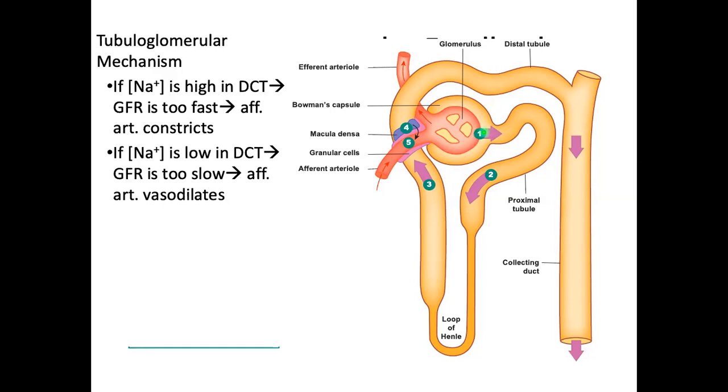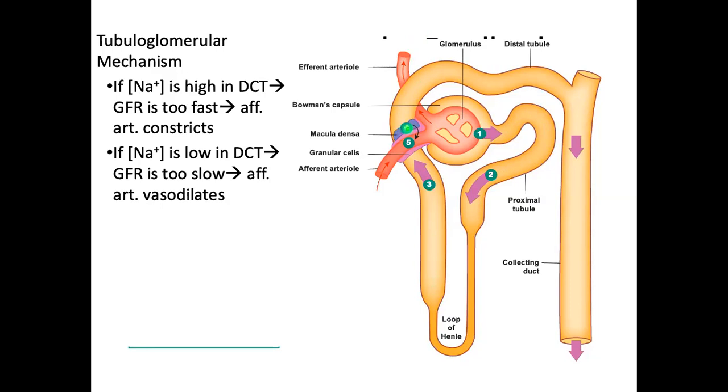That's number one. And so that urine filtrate, or pre-urine, is going to flow through the proximal convoluted tubule, number 2, through the loop of Henle, number 3, and then through the distal convoluted tubule, which is number 4. They're going to go past this number 4, this macula densa monitoring station.